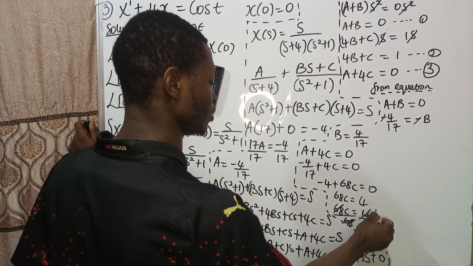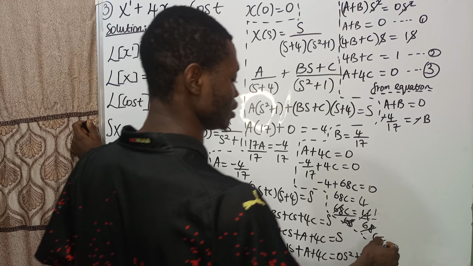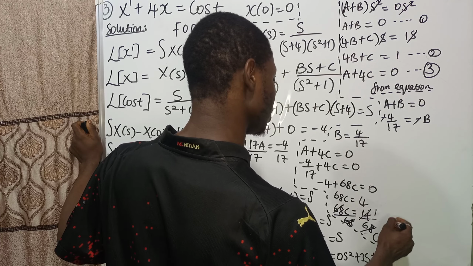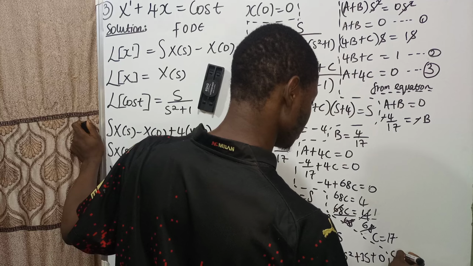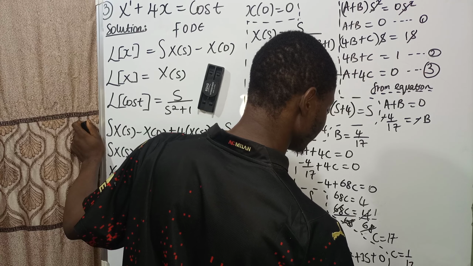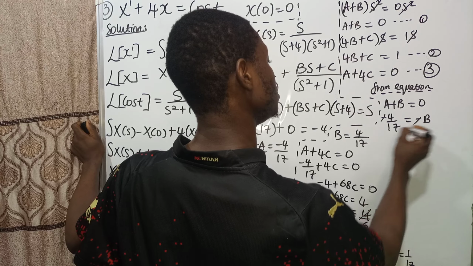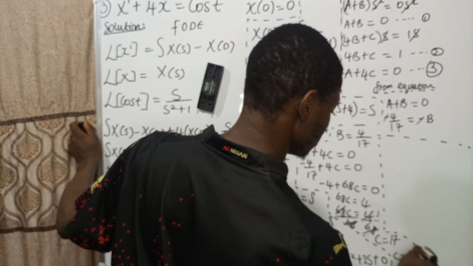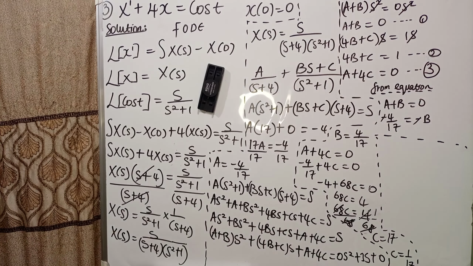4 into 68 will give us 17. So our c is 1 over 17. Can you see it from there? 1 all over 17 is our c.